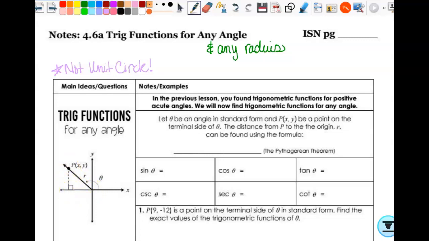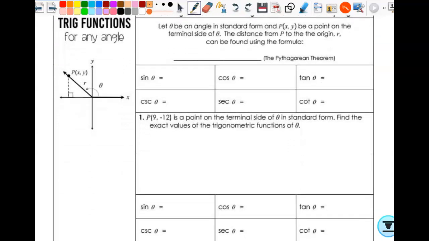So this says, let theta be an angle in standard position, really, not in standard form. The vertex is at the center of the circle, and this is 0. Then if I have this point P here, I know that this is my x value, this is my y value to create the ordered pair x, y, but the x value is not going to be straight up cosine, y is not straight up sine, unless r is 1, and r is not necessarily 1 in what we are doing here.